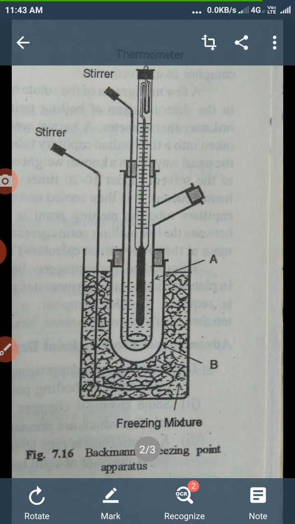The inner tube is surrounded by a wider tube B. The annular space between these two tubes A and B acts as an air mantle which prevents rapid cooling. Whole of this apparatus is then placed in a freezing bath, the temperature of which is adjusted to about 5 degrees below the freezing point of the solvent.